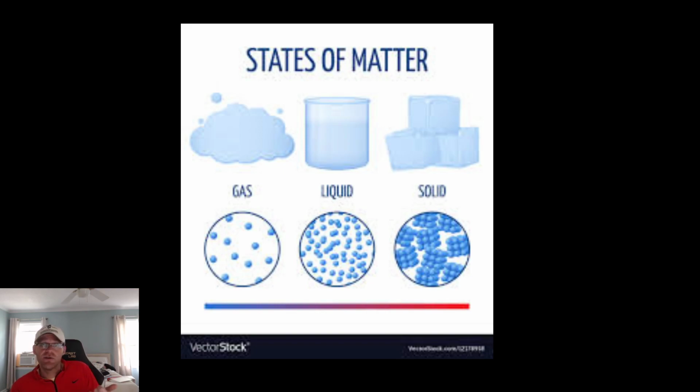All right, so it has no definite volume and no definite shape, right? So solid, definite shape and volume, always stays the same size. Liquid always stays the same size, but it can move. Gas expands to fill the space, so it doesn't stay the same size, and it moves. So that's how you can think about that, you shouldn't have any problem distinguishing between a gas, liquid, or solid.